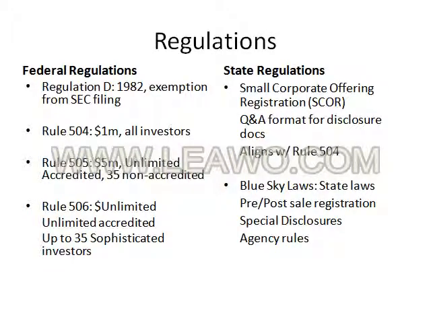Regulations that pertain to a private placement offering come in two forms. The main form is federal regulations. The most common type of private placement is under Regulation D, which came about in 1982, and this gives an exemption from having to file with the SEC.